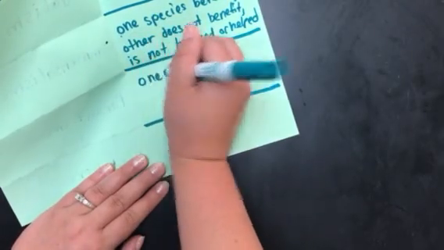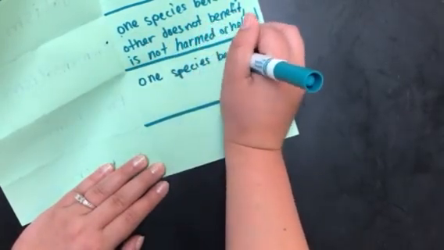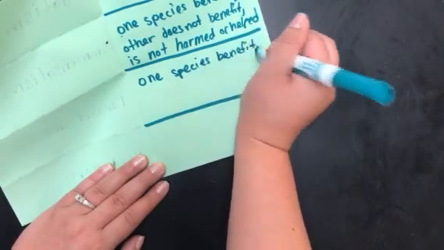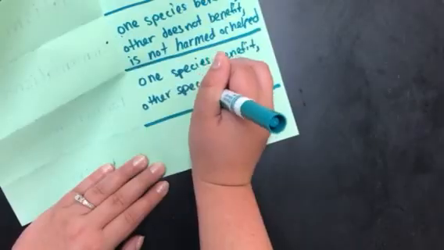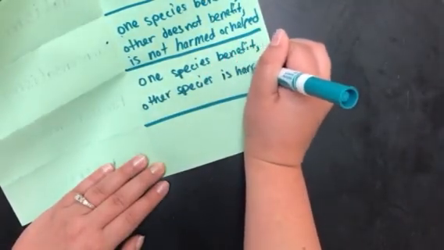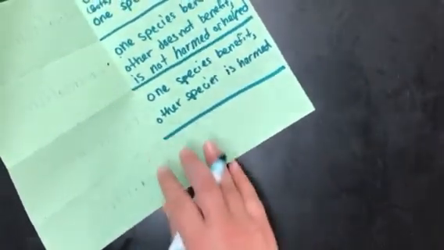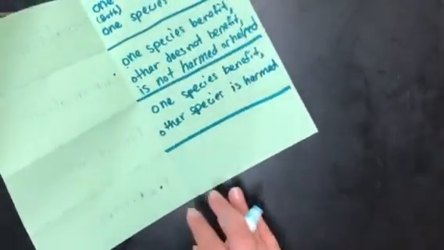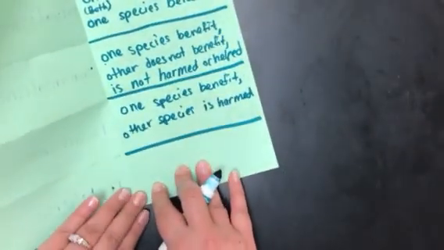So one species benefits while the other species is harmed. But usually this parasite is living off of the other species, so they're not dying right away.